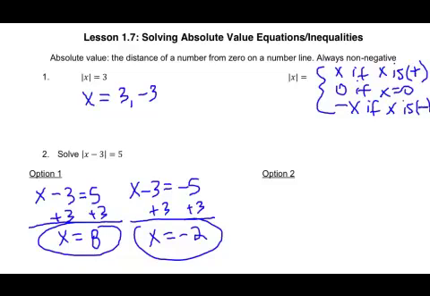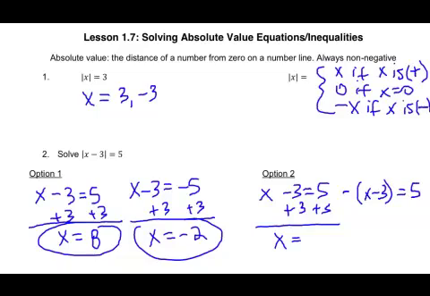Now the other option, again, whatever's inside the absolute value could either be positive or negative. So x minus 3 equals 5 is one solution. The other solution is if x minus 3 is negative. So a negative x minus 3 equals 5. So again, we solved this equation before, so we get x equals 8.